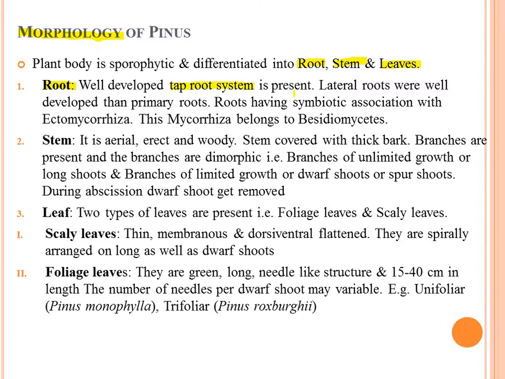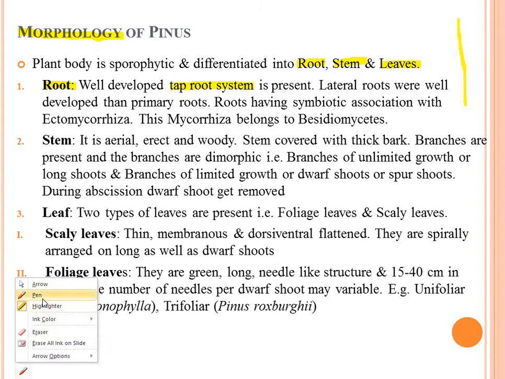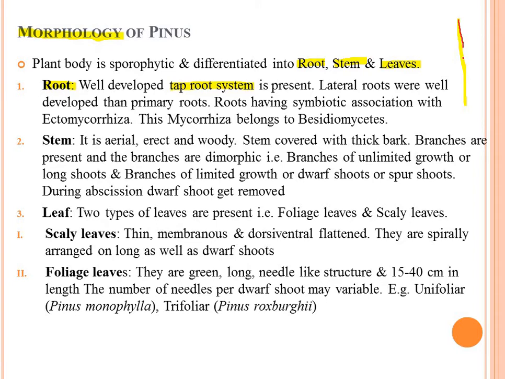We already studied the taproot system and the adventitious root system. In the taproot system, a primary root is formed, and on that primary root secondary roots are born. These are the secondary roots, and this primary root grows very deep in the soil up to the water.